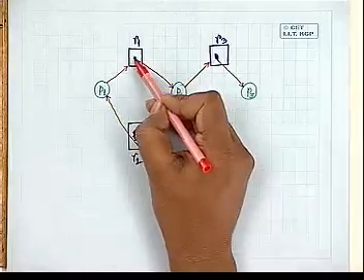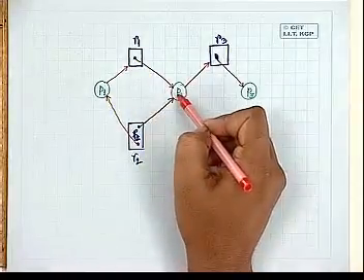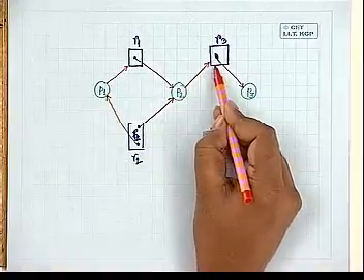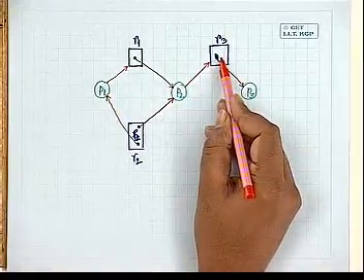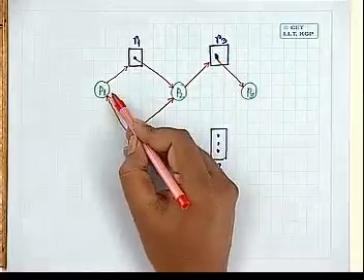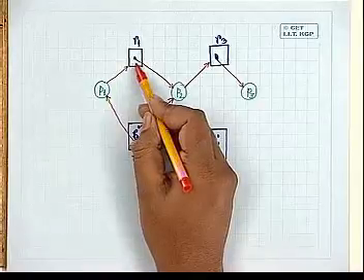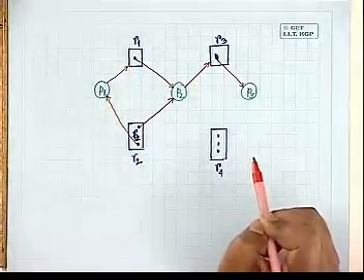P2 is holding an instance of resource type R1, an instance of resource type R2, and it is waiting for an instance of resource type R3. P1 is holding an instance of resource type R2, and it is waiting for an instance of resource type R1.